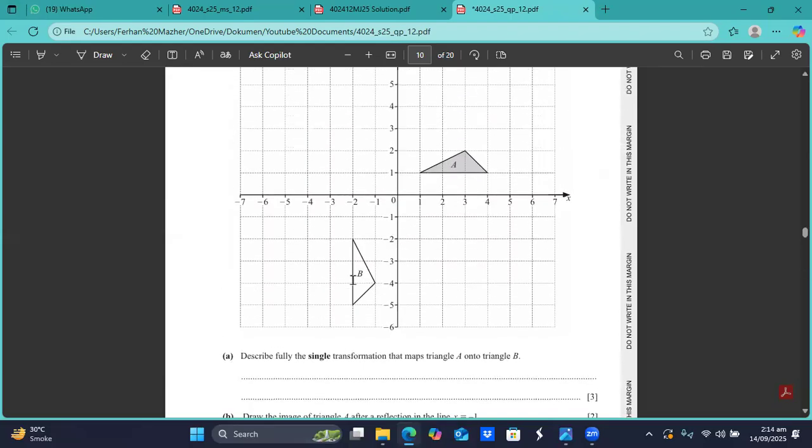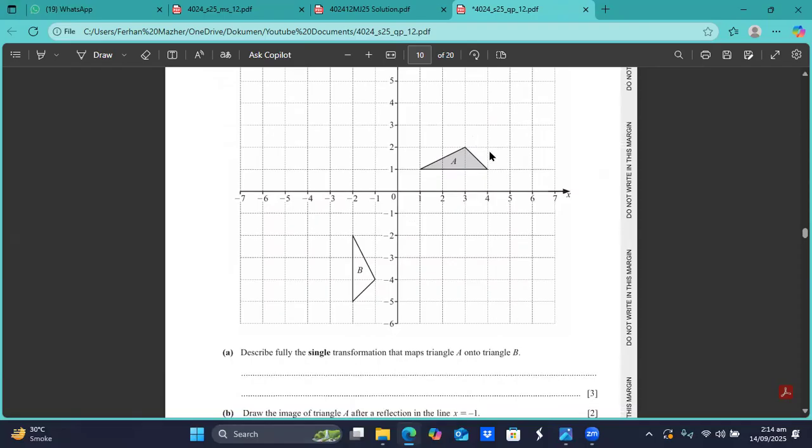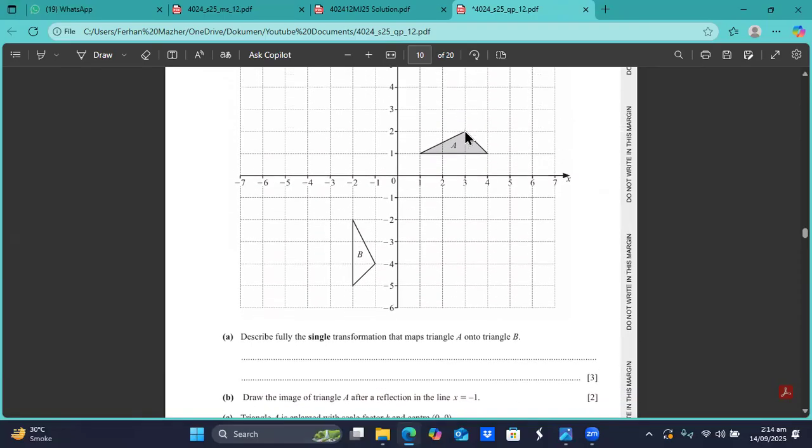You see this triangle rotated like this, A onto B. So it's a rotation. If you want to find the center of the rotation, the method is very simple.